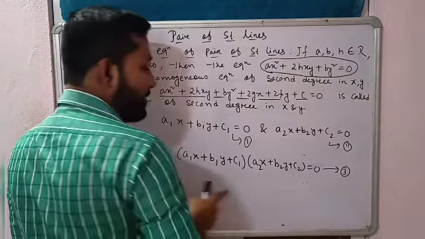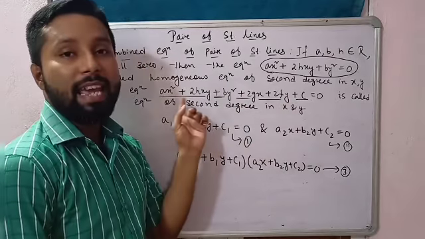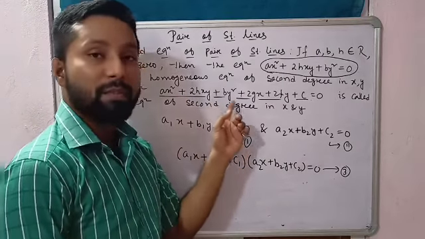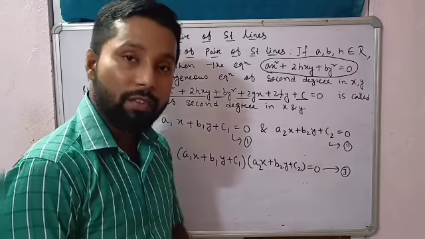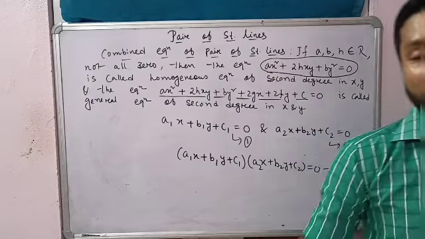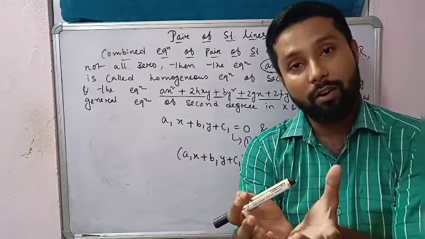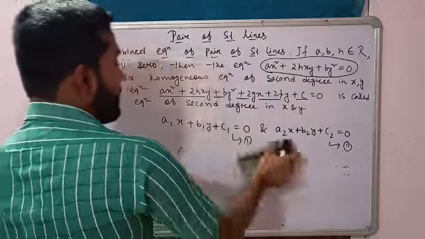So the third equation, if you expand, then it can be reduced in the form of like this: ax square plus 2hxy plus by square plus 2gx plus 2fy plus c equal to 0. Right? Okay. तो ये हो गया कांस्टेंट लेने से क्या हो सकता है पेयर ऑफ स्ट्रेट लाइन का कंबाइंड इक्वेशन. Okay, so let me take one example now.